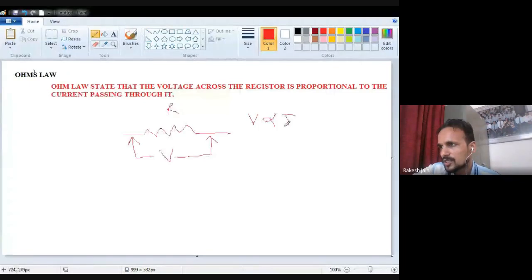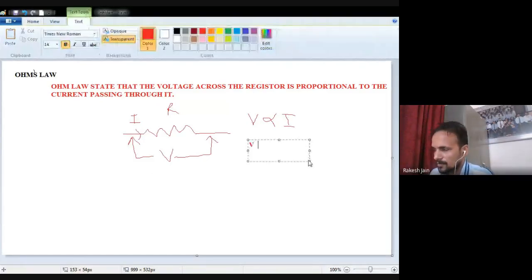Let's suppose due to this voltage, the current I is passing through this resistance R. So Ohm's law states that the voltage is proportional to the current I. Whenever we remove the proportional sign, some constant will be there, and this constant is actually your R, that is resistance, the value of that resistor. Okay, so this is known as Ohm's law.